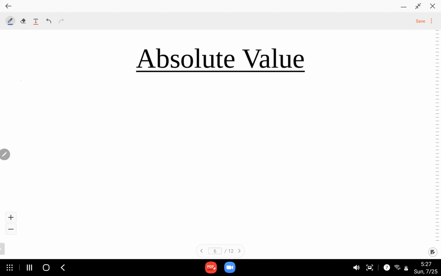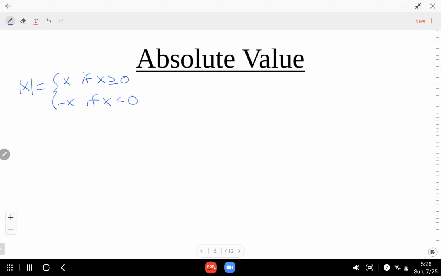Let's define that, and make sure to take notes. This isn't what you normally expect, but once I explain it, it'll probably make sense. The absolute value of x equals x if x is greater than or equal to 0. However, the absolute value of x equals negative x if x is less than 0.